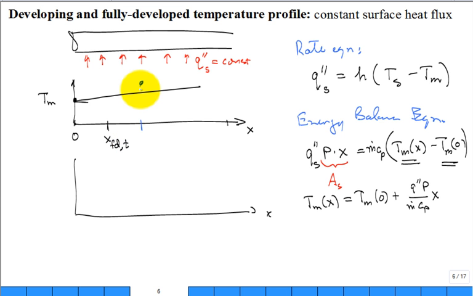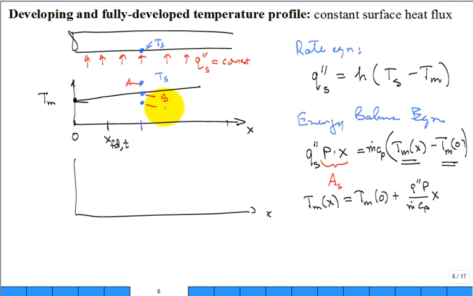And I want you to compare the temperature of the surface of the wall right there, the surface of the wall of the pipe, to the mean temperature of the fluid flowing in the pipe. I want you to say, oh, I think the temperature of the surface is greater. Or the temperature of the surface is equal to the bulk or the mean temperature.